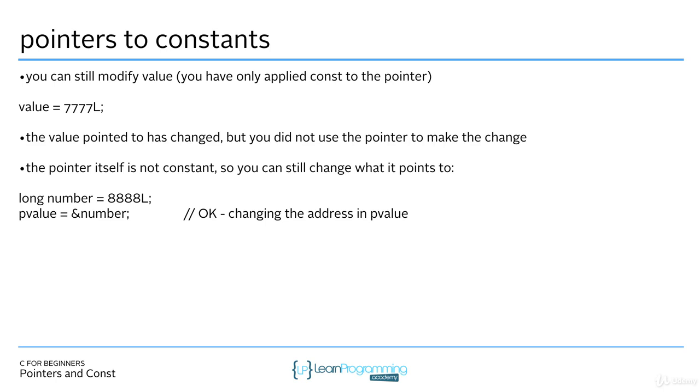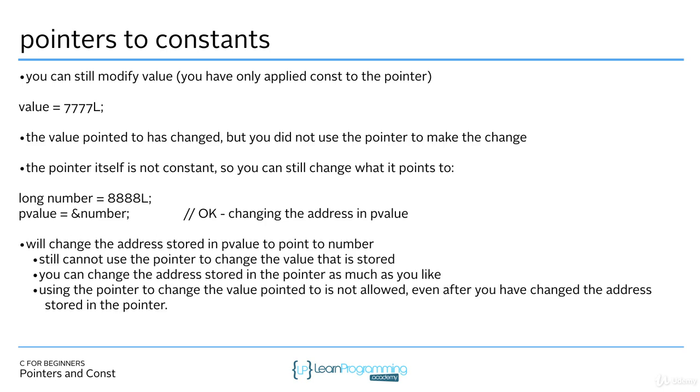So understand this distinction. Either changing the value of the pointer, which is just an address, or changing what the pointer is pointing to. If you don't want to change what the pointer is pointing to, const has to be that first keyword in the declaration of the pointer itself. So again, in this example, we're going to change the address stored in p-value to point to a number.